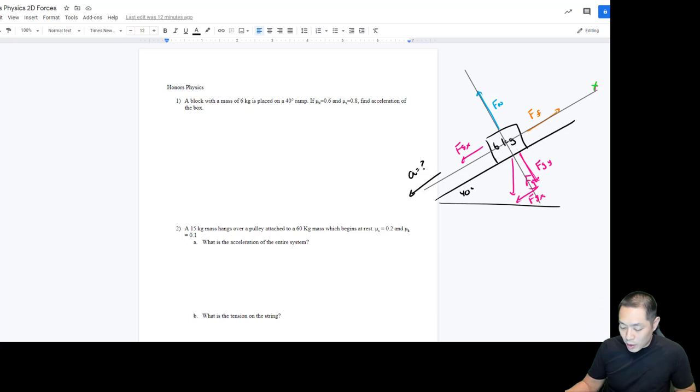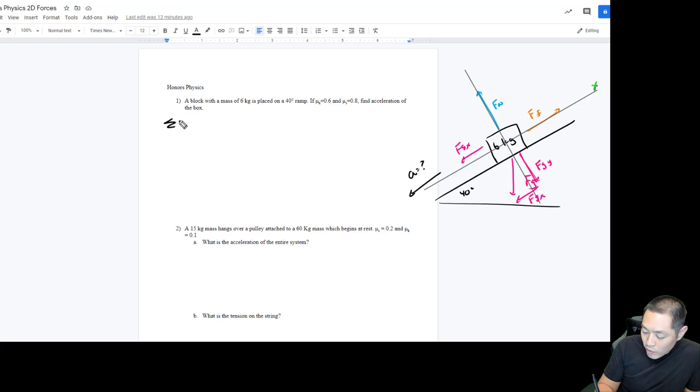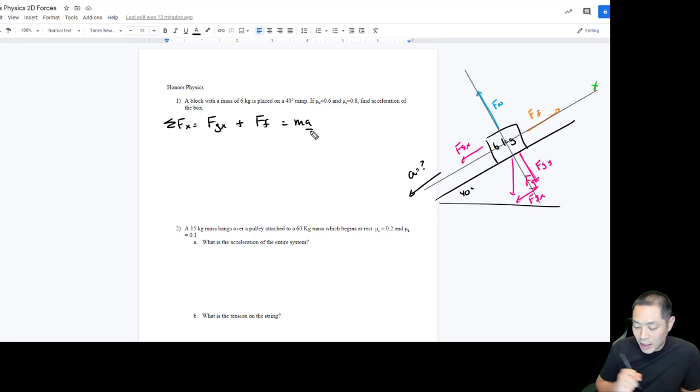So here is my equation I'm going to set up. Sum of all forces in the x direction is force of gravity in the x plus force of friction, which is equal to ma. And our goal is to find a. Unfortunately, before we even get there, we're going to have to do certain things. We need to break this apart because Fgx is something we need to derive from Fg.